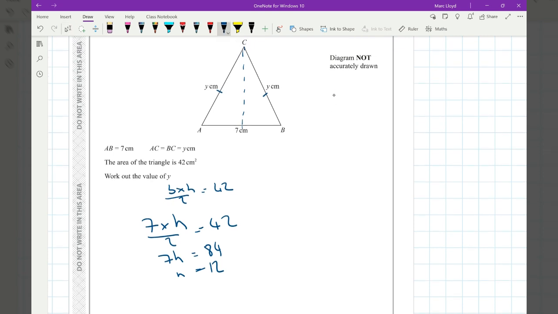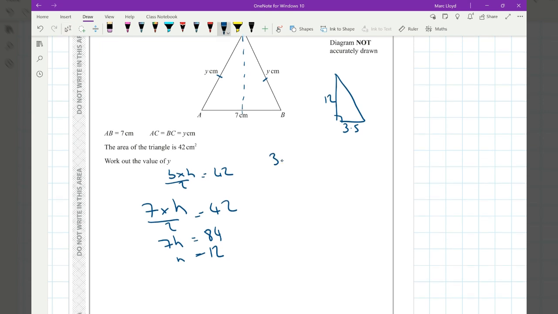So now we have a right angle triangle with a base of 3.5 because we've cut it in half and a height of 12. So 3.5 squared plus 12 squared will equal y squared. Let me just check I'm doing this right. Yeah, 12 is the height. 3.5 times 3.5 plus 144. 156.25 equals y squared.